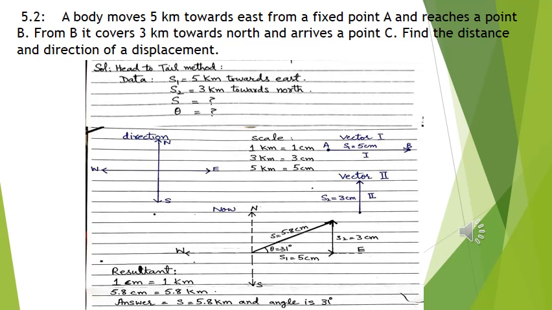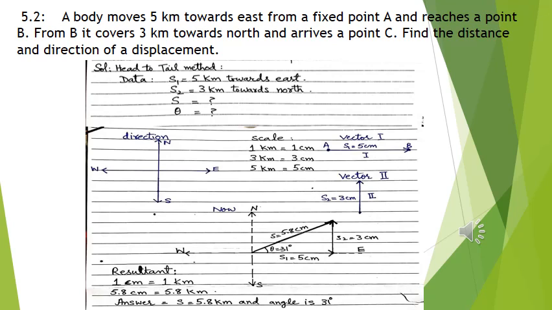Now 5.2. A body moves 5 km towards east from a fixed point A and reaches a point B. From B, it covers 3 km towards north and arrives at point C. Find the distance and direction of a displacement.